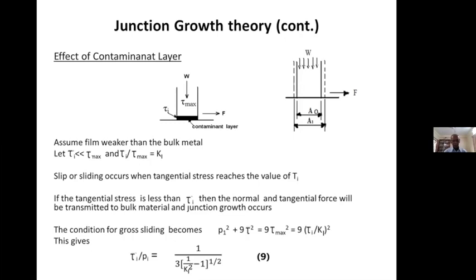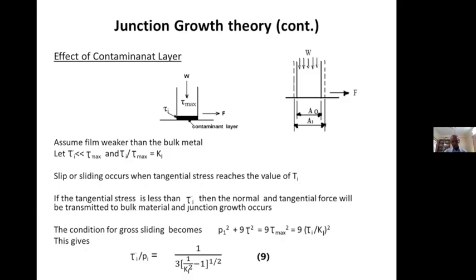So if the tangential stress is less than tau I, then the normal and tangential force will be transmitted back to the main body and junction growth will take place. So in this condition, we can bring in that equation that we derived earlier, P1 square plus 9 tau square is equal to 9 tau max square.